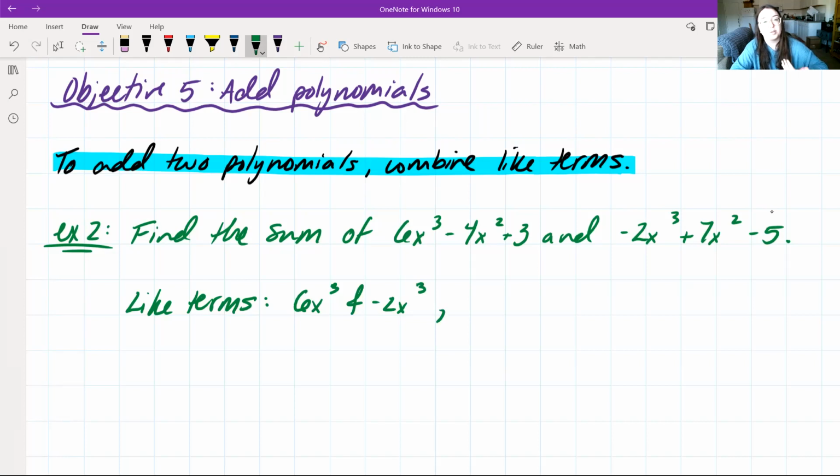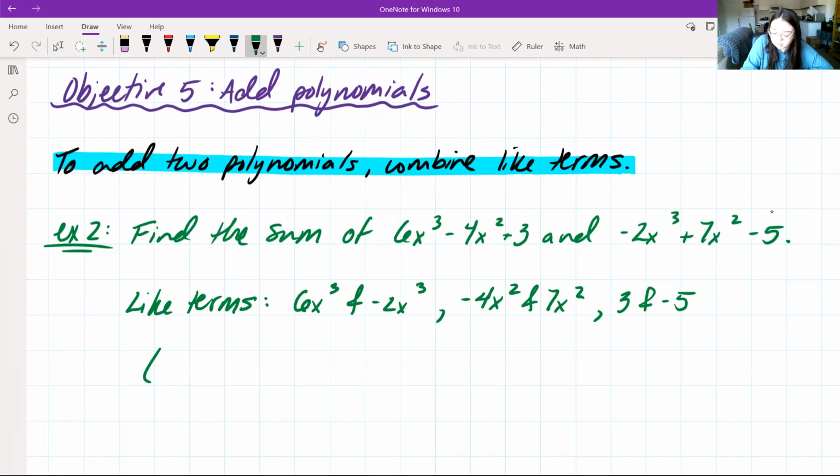Then if we go to x squared, -4x squared and 7x squared are like terms. And lastly, our constants, which are 3 and -5. So these are our like terms, and we want to combine our like terms.